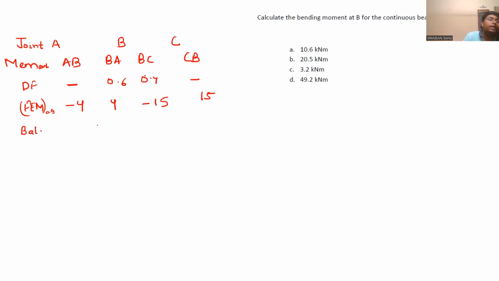Now tell me, how much net movement is present in joint B? -11. So balance how to balance? +11 needs to be given to balance. So +11 will be distributed to the adjacent members joining at joint B in which manner? As per their distribution factors.